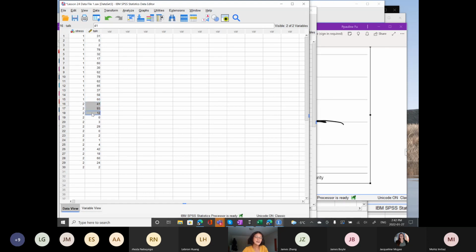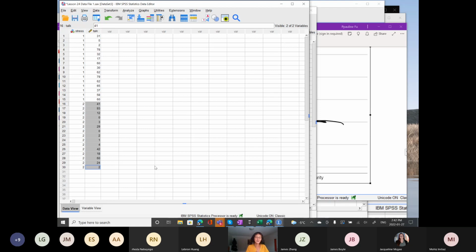Now, for high stress level students, those are the times recorded for high stress students. So we want to see if the average for low stress students is equal or not equal to the average for high stress students. That is our question. That is what we want to test.